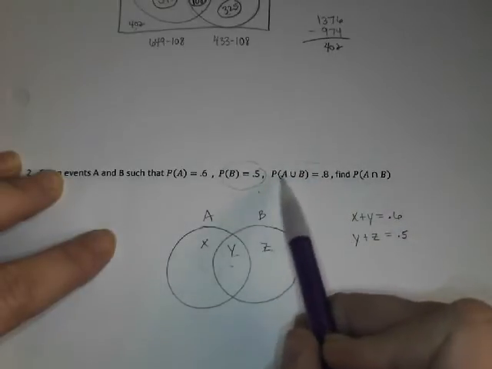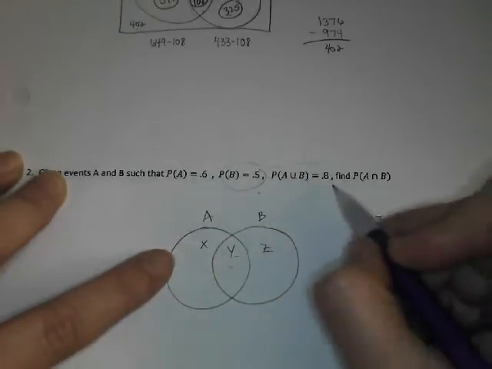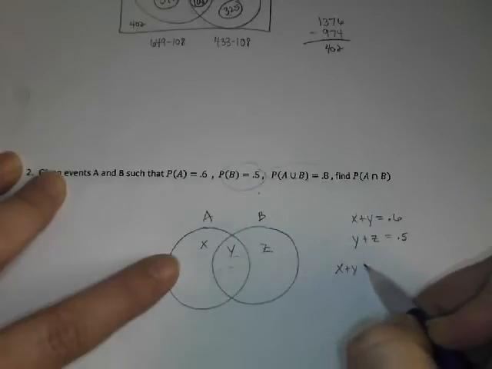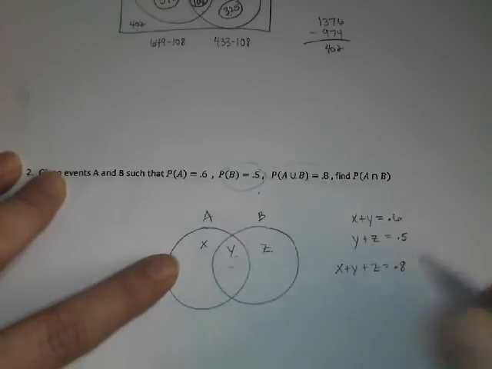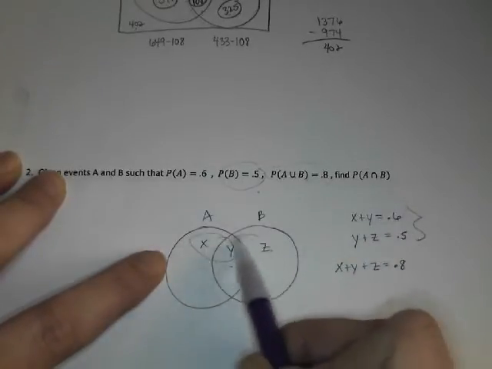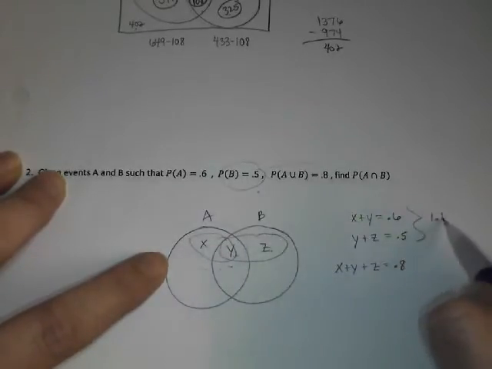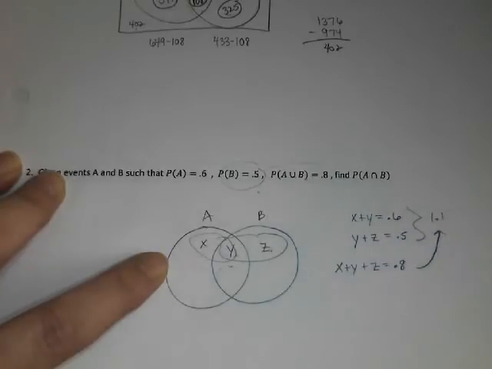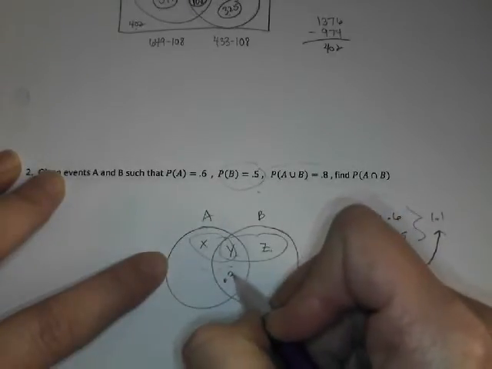Now all three of them, A or B, adds up to 0.8, so X plus Y plus Z has to equal 0.8. Already, the X plus Y and the Y plus Z adds up to 1.1, which is over by how much? 0.3. That's your middle section.